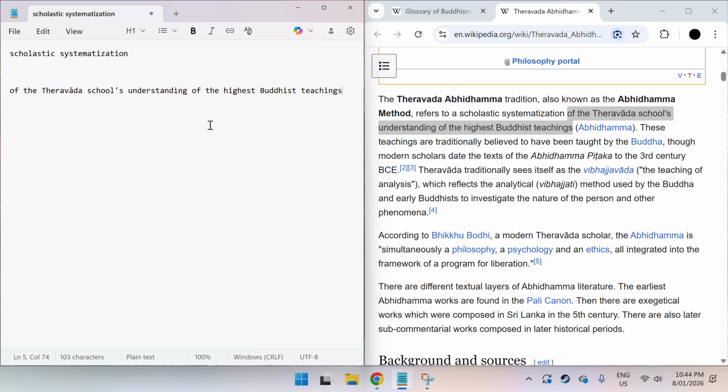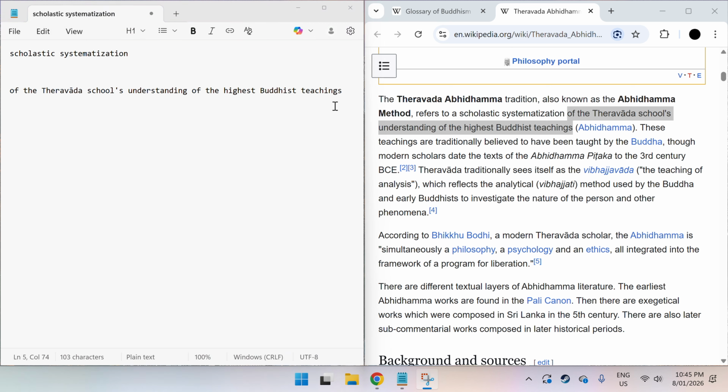But it is the oldest school of Buddhism, and it is the one that's intended to have the most fidelity with what the Buddha actually taught. So, yeah, we're talking about the highest Buddhist teachings. These are taught by the Buddha. Modern scholars date the texts to the 3rd century BCE.